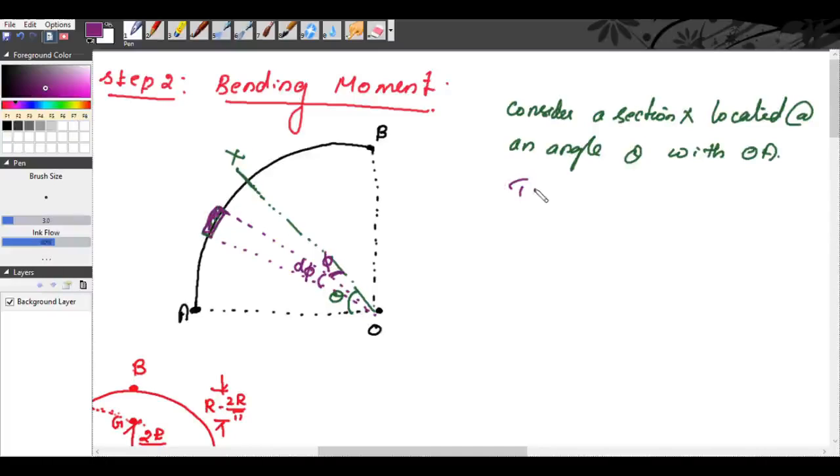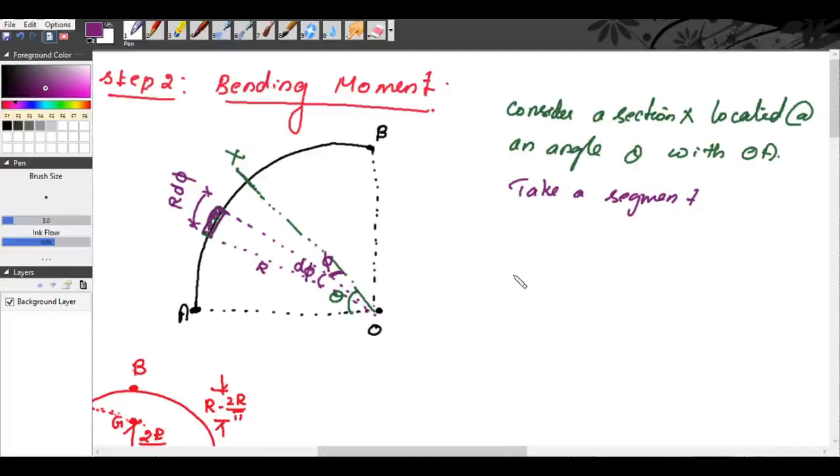Okay, so take a small segment. The length of this segment will be equal to, see, this is radius r, so this segment of radius r and angle subtended d pi is r into d pi.